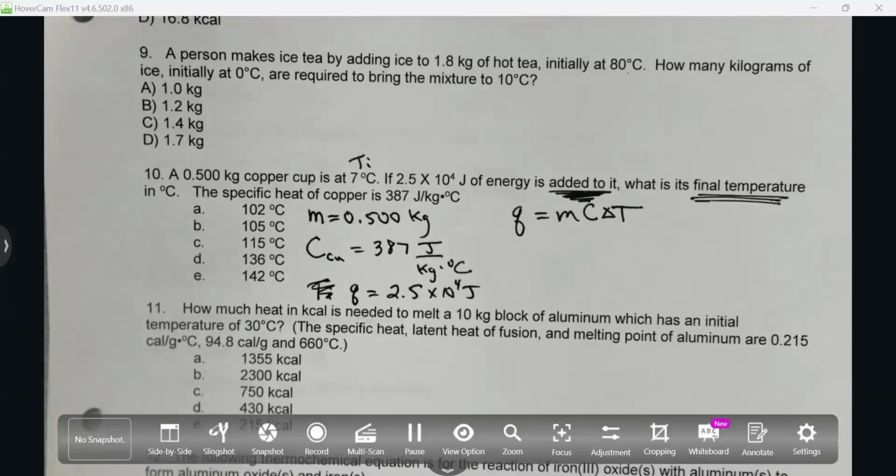We're gonna start here at number 9 on the quiz. All right.